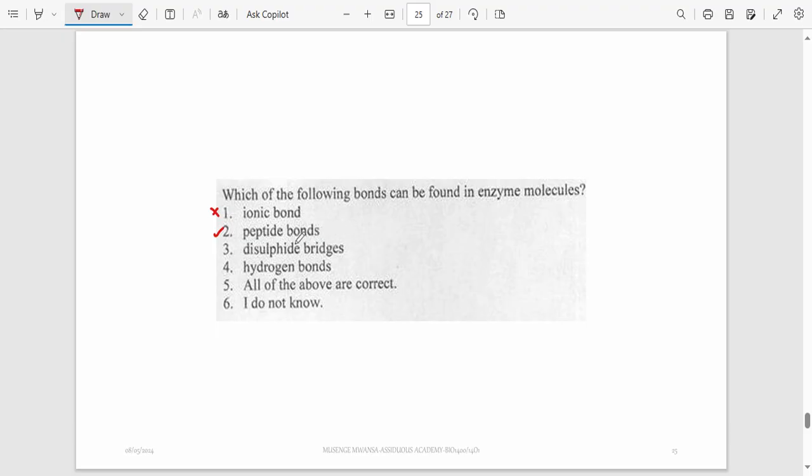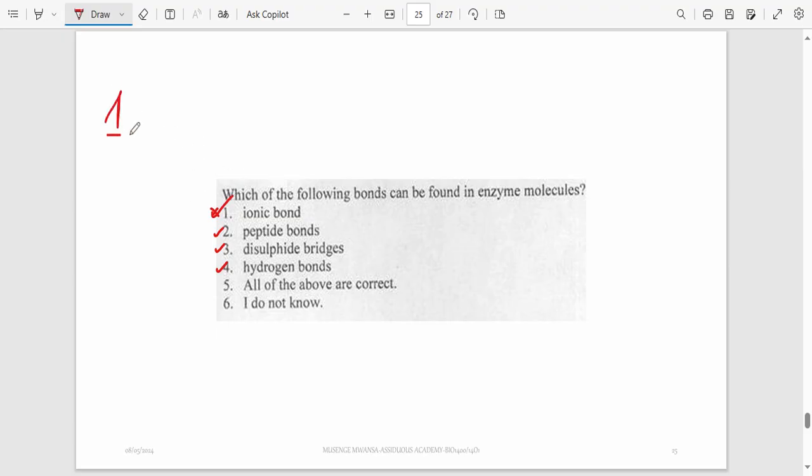Disulfide bond bridges, are they found? Hydrogen bonds, are they found? So what's the answer? Someone, we already ticked one row out. Okay, so everything is correct.